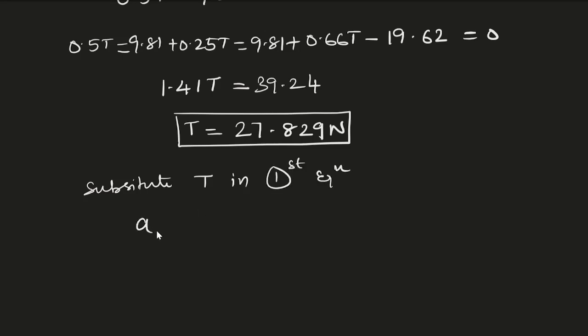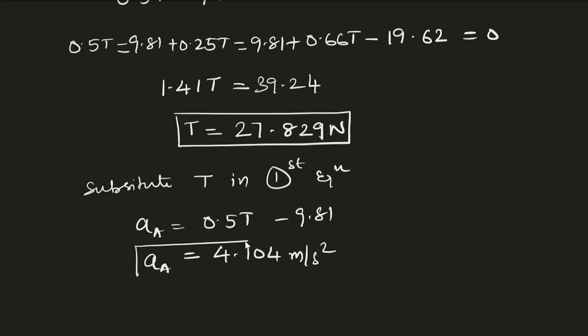That means a_A equals 0.5T minus 9.81. This will give me the acceleration of A. 0.5 into 27.829 minus 9.81. So I got the value a_A equal to 4.140 meter per second square.